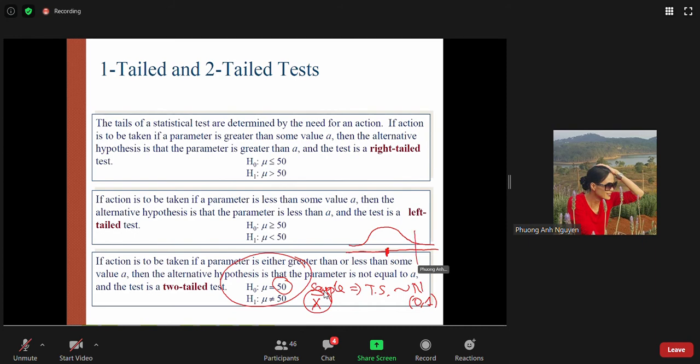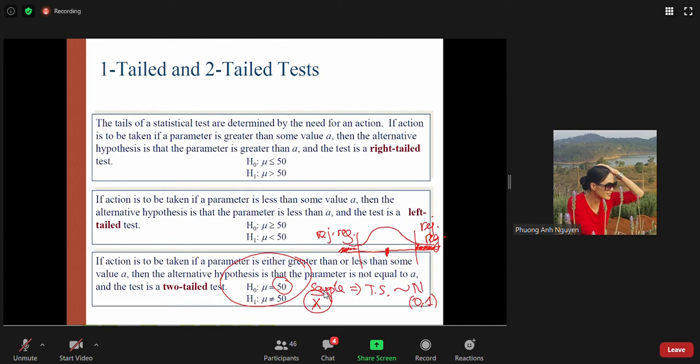When it is far away from the mean, we say that we have the rejection region. On the right, when x bar is far away from 50, and also on the left, when x bar is far away from 50. So the two-tailed test is associated with the form of the rejection region.